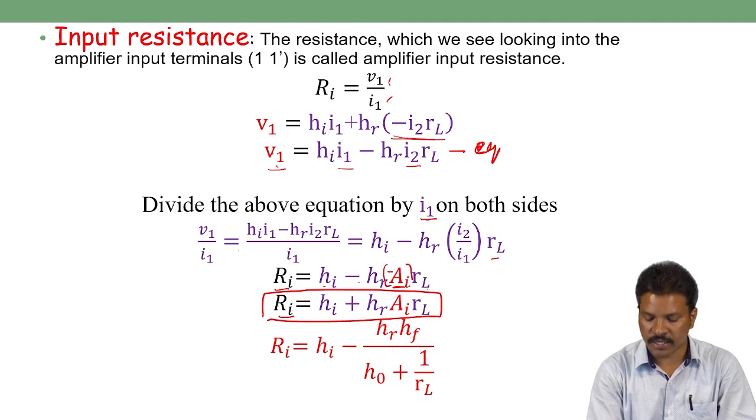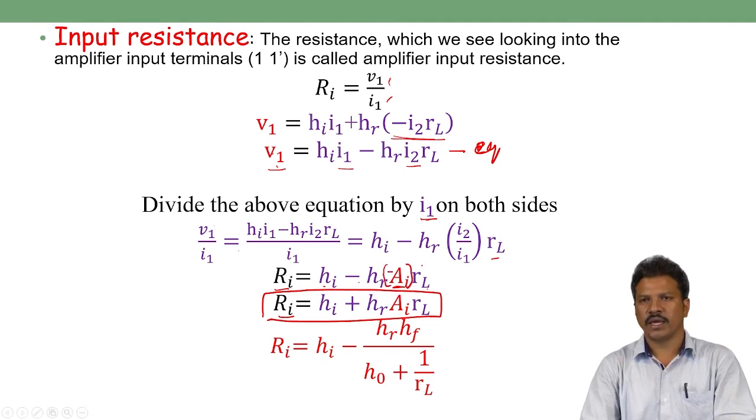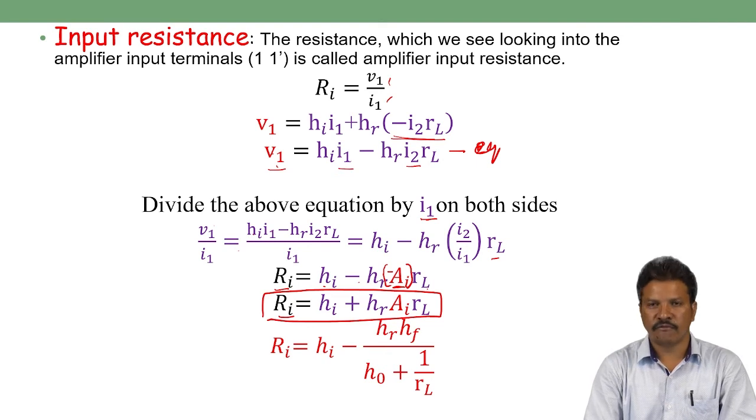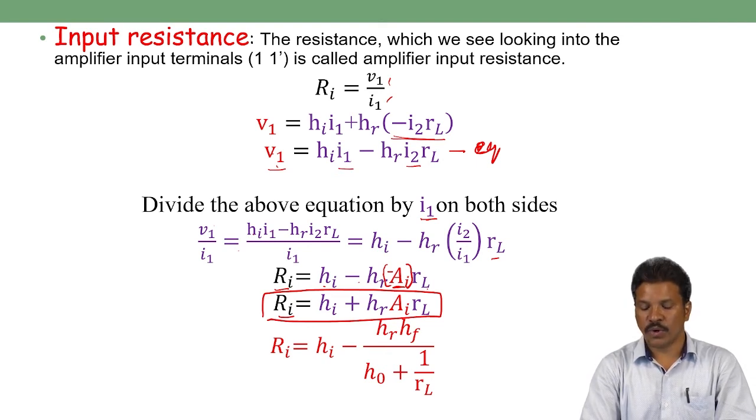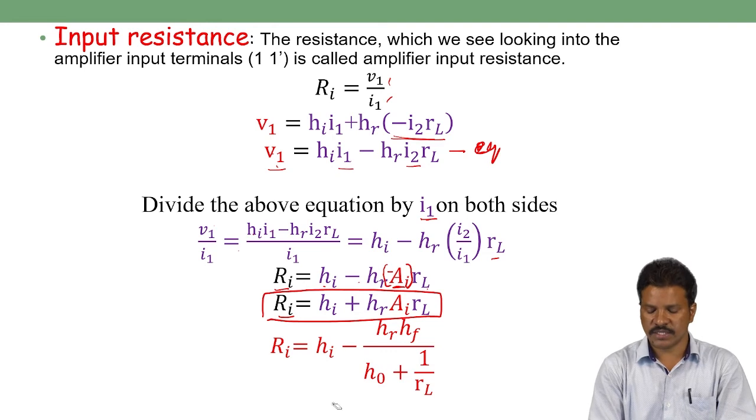Here there is another formula. We can also substitute the Ai formula in terms of h parameters in the equation, and you will get the equation below.